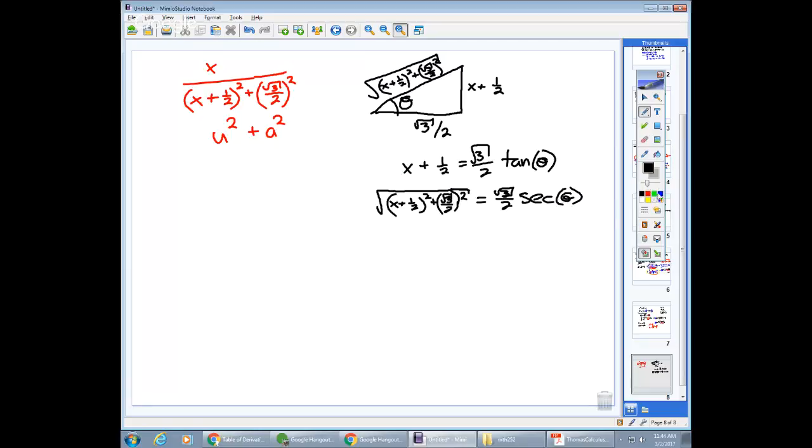And then from this line here, we can get our dx. So differentiating this side, the derivative of 1/2 goes away, so we just get dx equals square root of 3 over 2 times the derivative of tangent, which is secant squared of theta d theta.